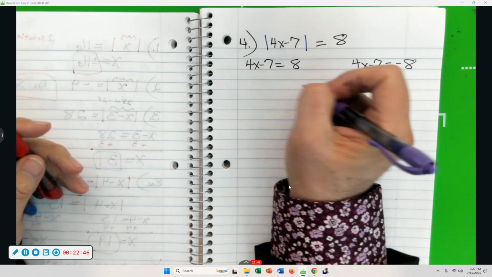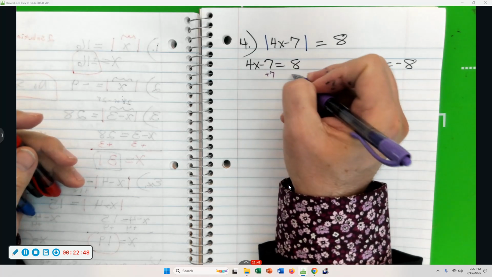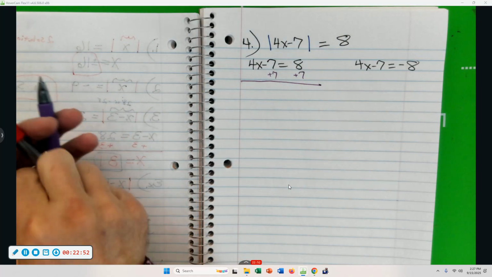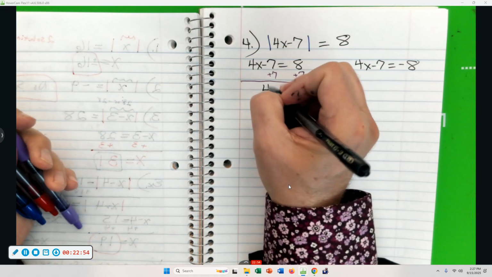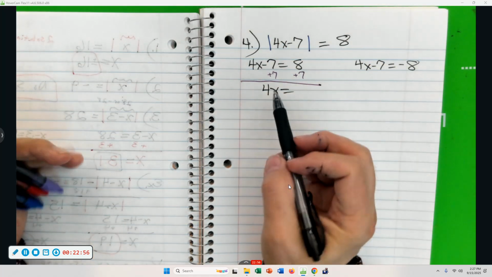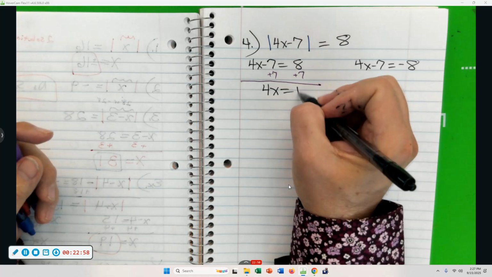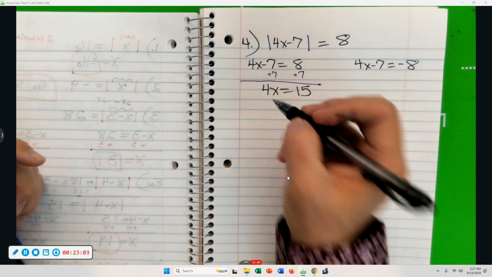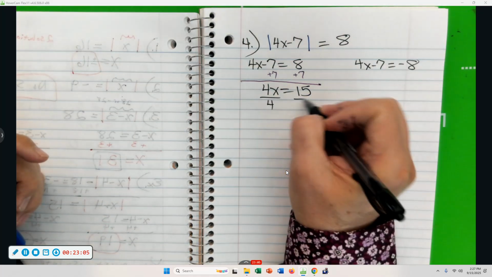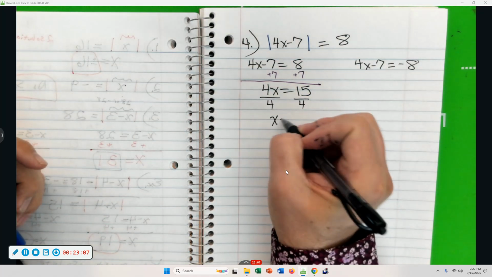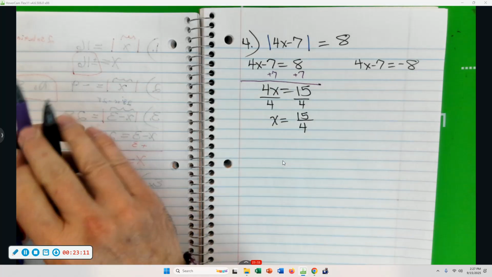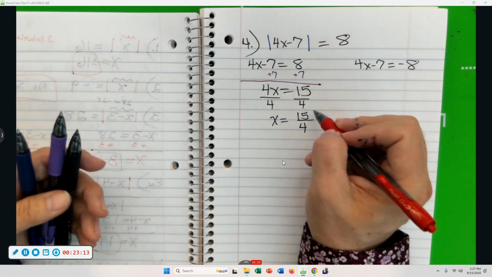Add the 7, move the 7 over, however you want to think of it. You're going to wind up with an 8 plus 7 on the right-hand side. So you have 4x equals 15, and then divide by 4 to give you x equals 15 over 4 for my first solution.